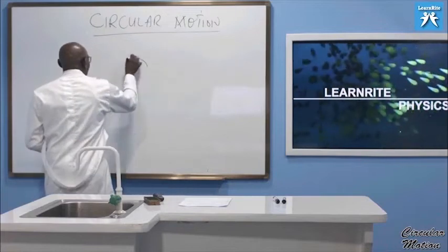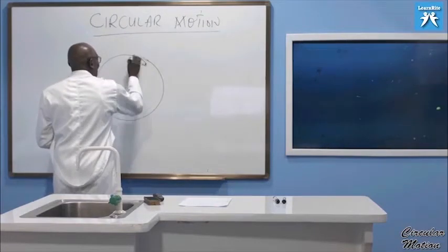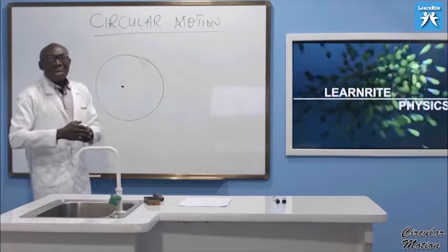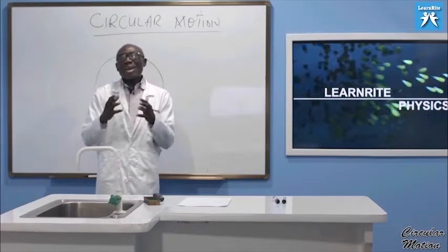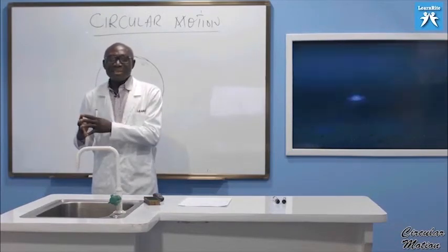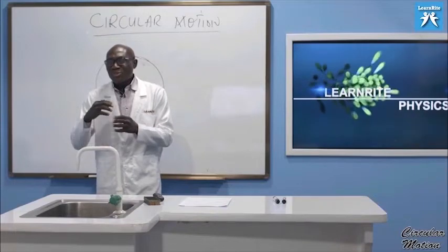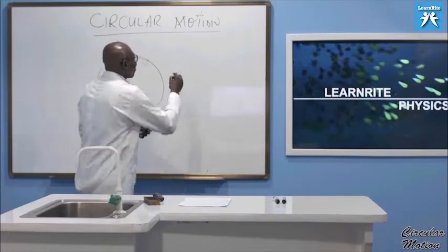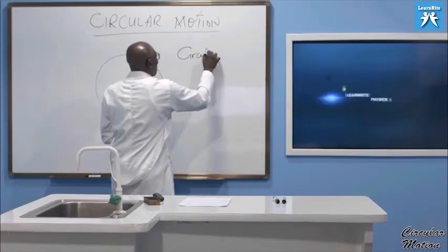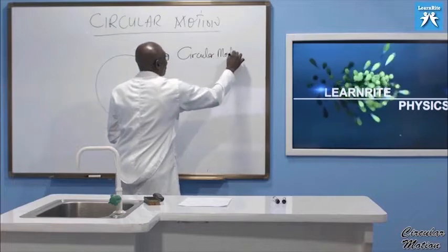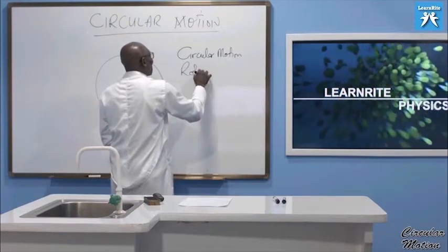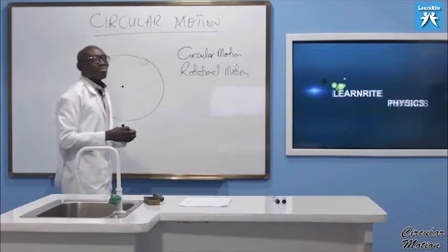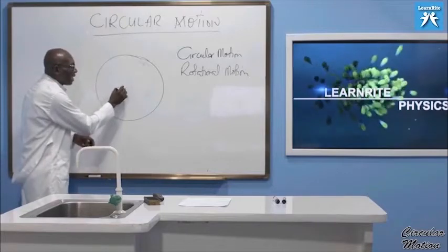The motion is described as a circle, and that circle has a center. Now the fact that the motion has described a circle means that we are going to look at two types of motion over here. One is called the circular motion, and the other one is called the rotational motion. All right? Now, this circle has a center.